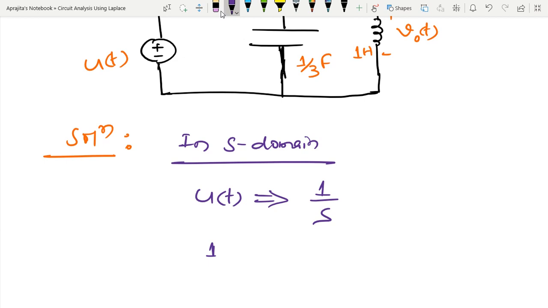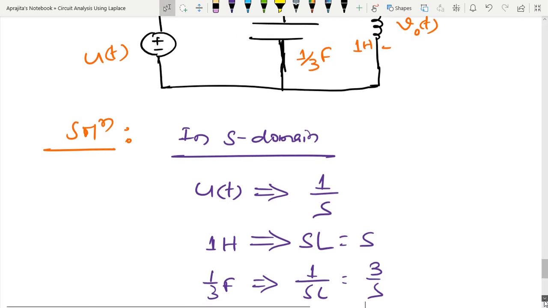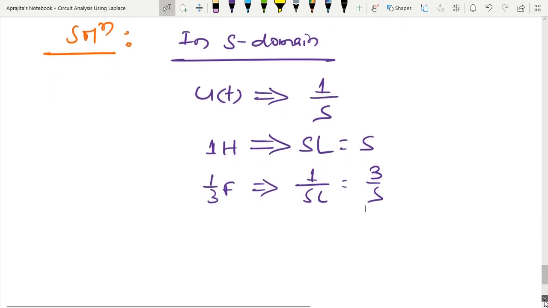I have 1 Henry, so I can write sL, and L is basically 1, so this is s. After that I have capacitance, so I can write 1/(sC), so basically 3/s. In this way I am able to generate every quantity in S domain.